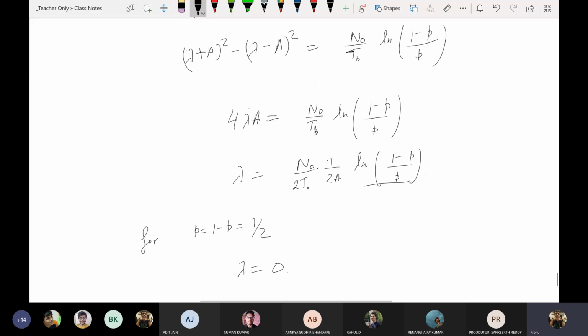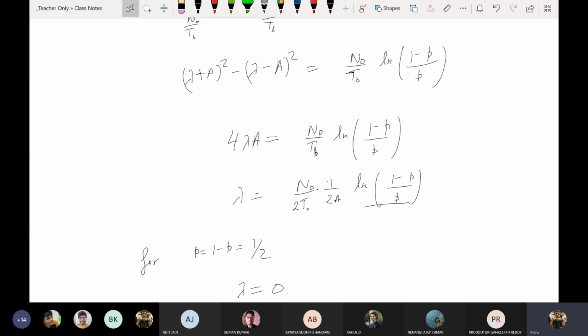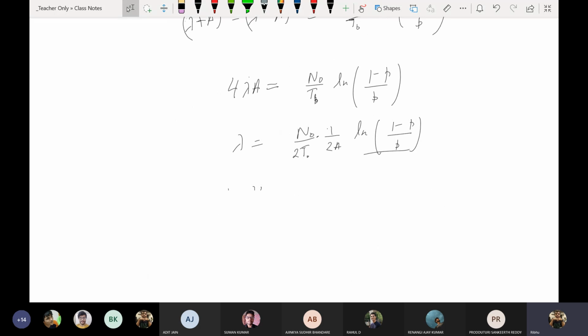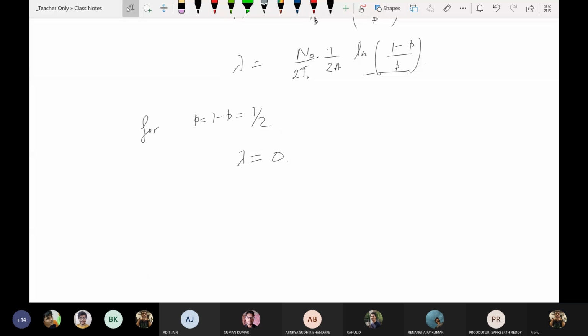So when the prior probabilities of both the symbols are equal, or both a and minus a are being sent with equal probabilities, then the threshold is 0 and the probability of error is the integral from lambda to infinity, or rather 0 to infinity.